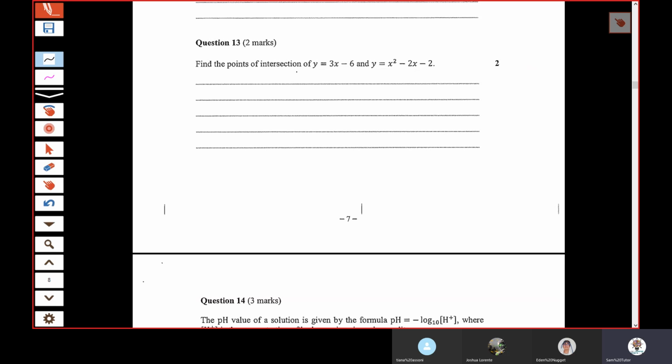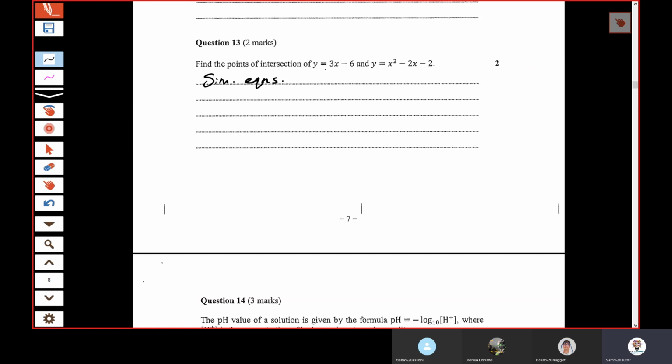Find the points of intersection of y equals 3x and y equals x squared. How do we find the point of intersection of these two things? Simultaneous equations. Yes. Easy. I'm not going to do it. I feel like you guys should be able to do it.